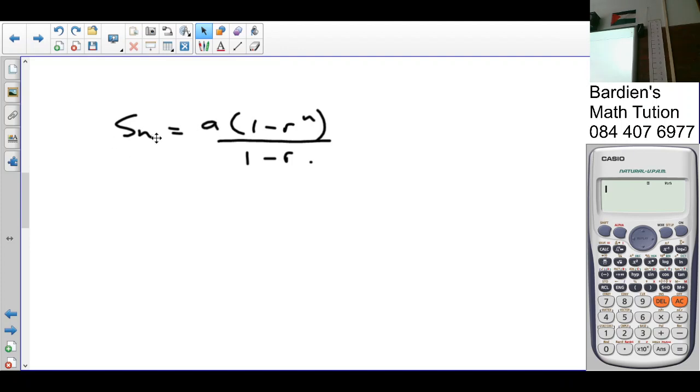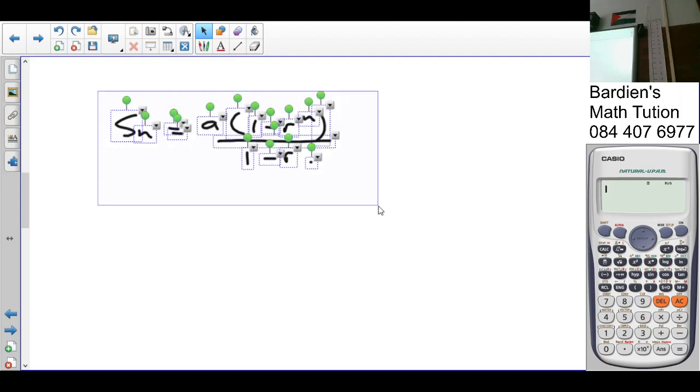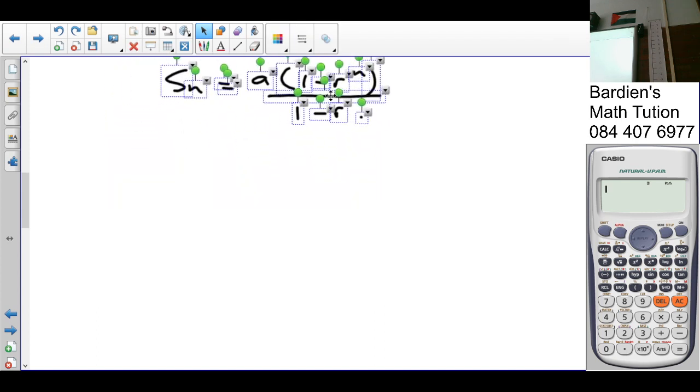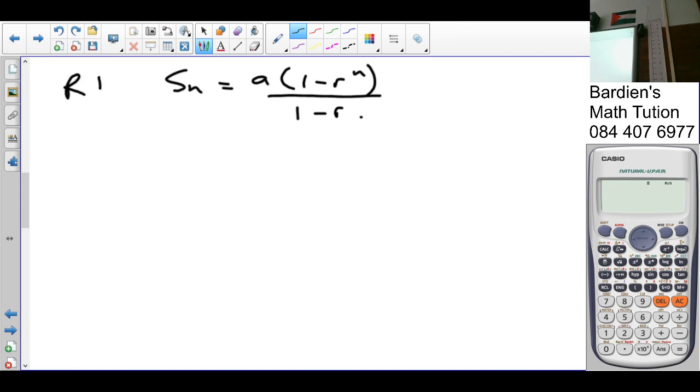Right. Let's look at the other one. We are required to prove, RTP, that Sn is equal to a into 1 minus r to the n over 1 minus r.